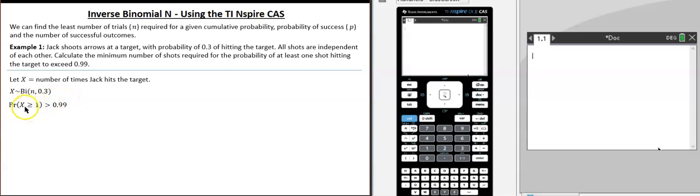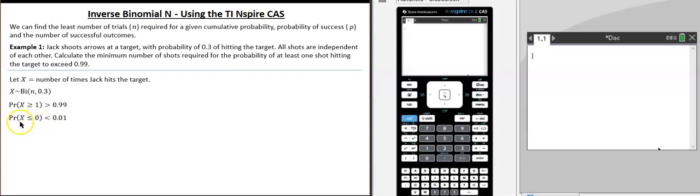We want the probability that x is greater than or equal to 1, that's at least one shot hitting the target, to be greater than 0.99. Now we're going to rewrite that as, remember, cumulative probability is up to a certain amount. This is over a certain amount. So I can rewrite that as x is less than or equal to 0.